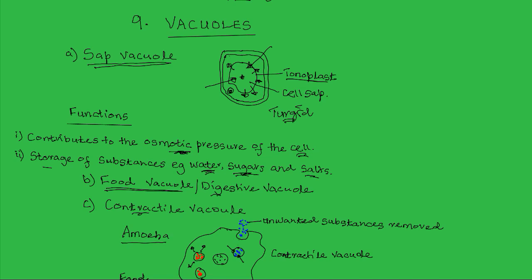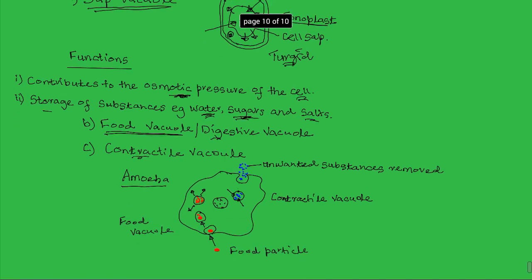It is found in some unicellular organisms such as amoeba and paramecium, where it is used to remove excess water and waste products. You can see here in this illustration, this is an amoeba cell. Food particle is ingested into the cell, forming a food vacuole.